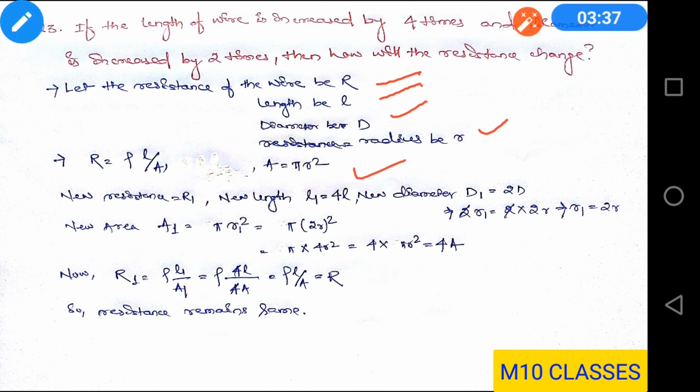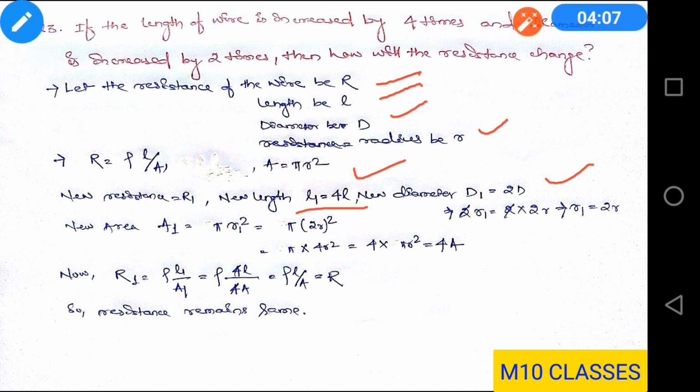Now in the next case, what happens? The length is increased by 4 times. Let the new resistance be R1. Length is 4 times the original length. So L1, the new length, will be 4 times the original length, that is 4L. New diameter D1 is increased by 2 times, so D1 equals 2D. But to get the area, we need the radius, and diameter, as you know, is twice the radius.